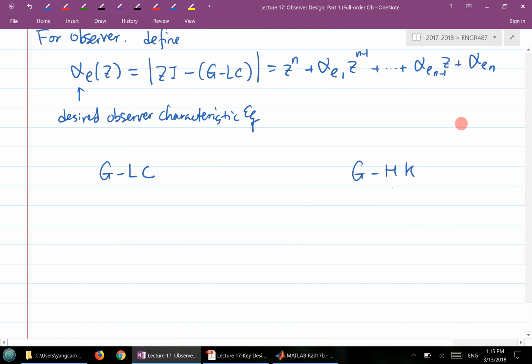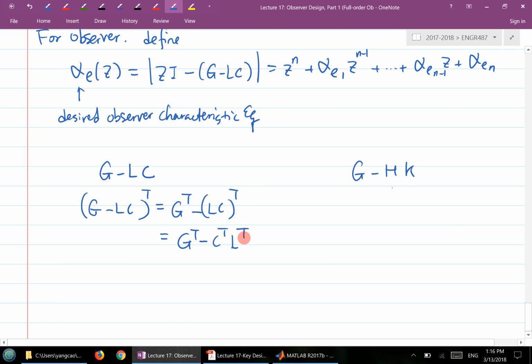But what I'm going to do is a transpose of this side here. Let's take a look at what this transpose equals. The transpose equals G transpose minus LC transpose, and LC transpose equals C transpose L transpose.